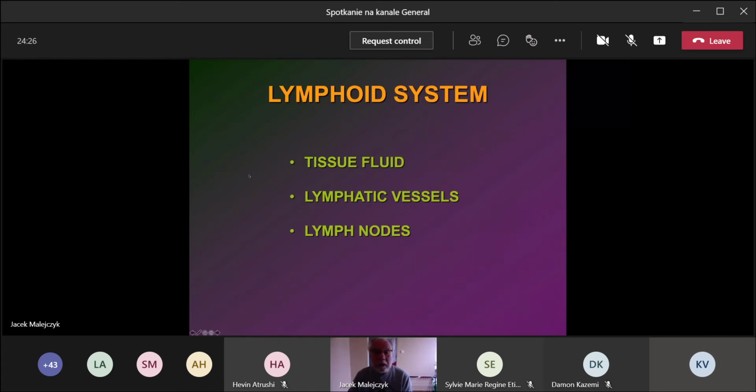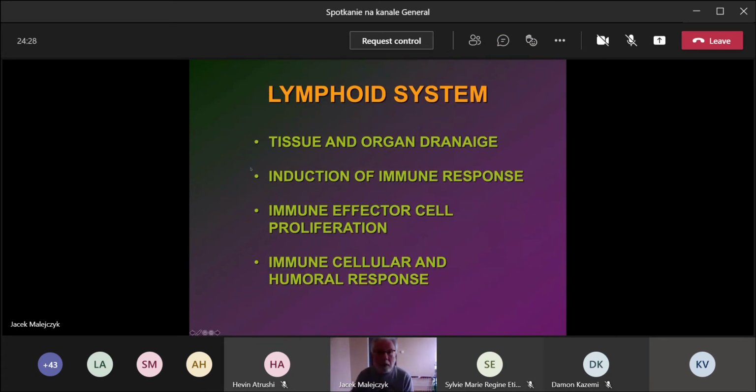The lymphoid system is composed of tissue fluid, lymphatic vessels, and lymph nodes. What is its role? The role of the system is to drain the tissues and organs, and filter the putative antigens that may be found in them.